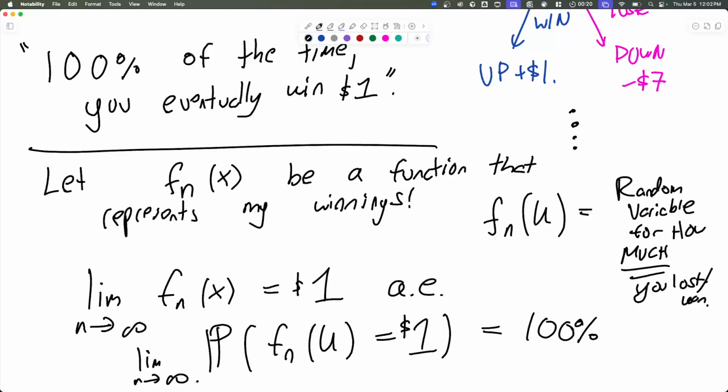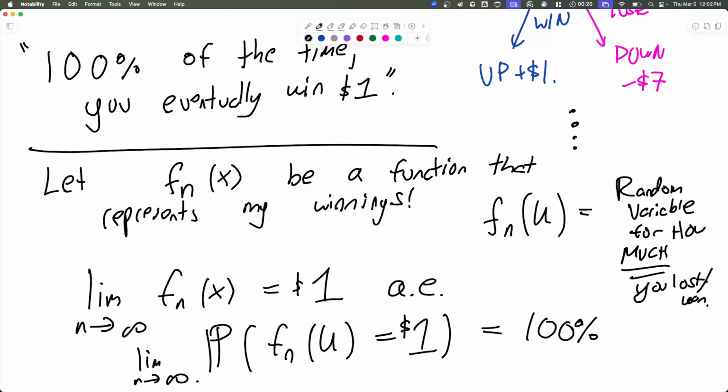Okay, so this is one fact. This is a mathematically true statement. It really is 100% in the limit. One thing is you're eventually going to run out of money, so you can't actually take the limit as n goes to infinity. That's one problem. But there's another issue, which is the probability is kind of hiding something bad.